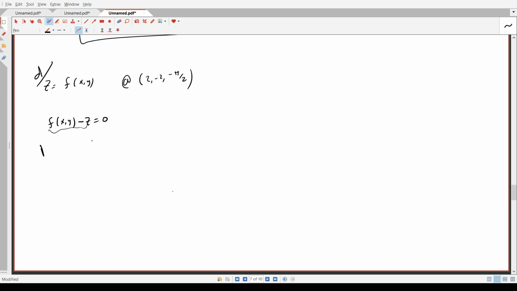Let's call this big thing g. So this big thing is g of x, y, z. And the gradient of g is going to be equal to the gradient of f plus gradient of minus z.